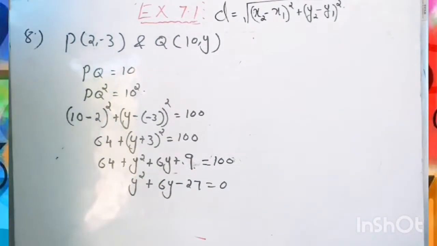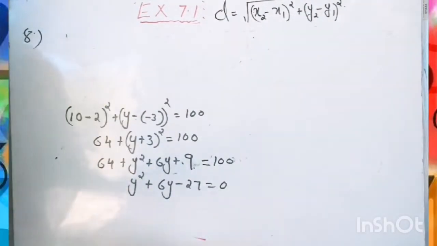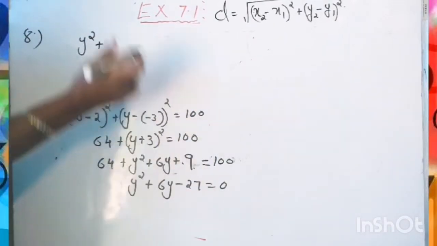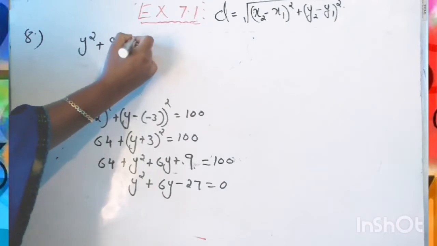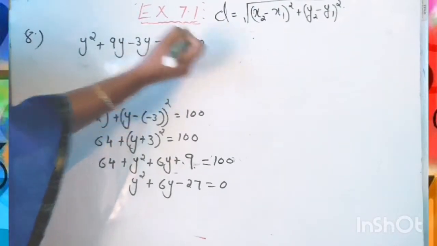Now we are going to apply splitting the middle term method. We have y square plus 6y minus 27 is equal to 0. That is y square plus 6y, I am going to write it as 9y minus 3y minus 27 is equal to 0.